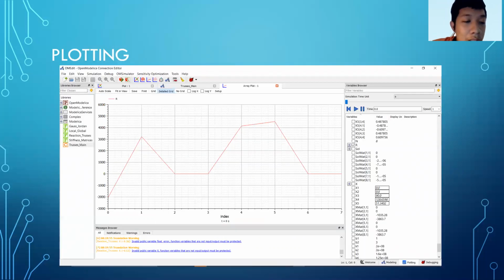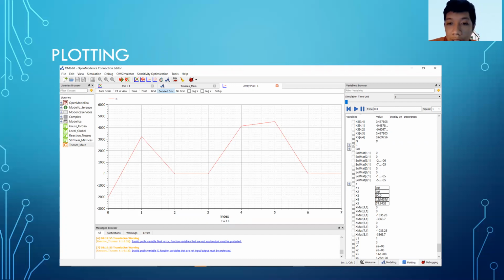After we run, we get this plotting. We can see in the reaction plot there is a peak at point one, at 1 second, then it goes back to zero, and again increases to a peak at 4 and 5 seconds.